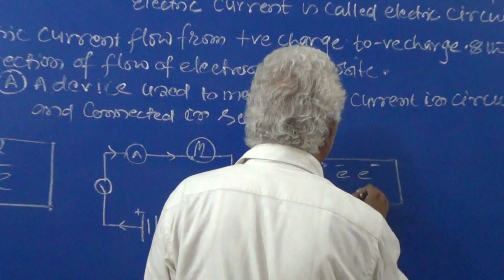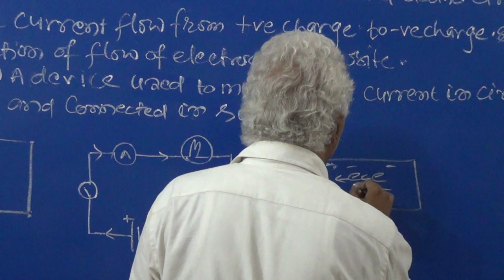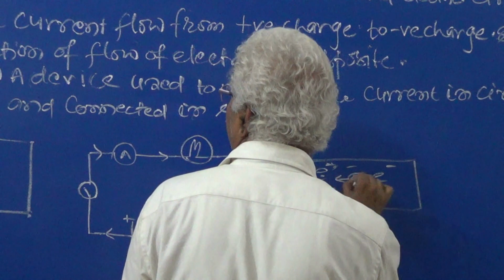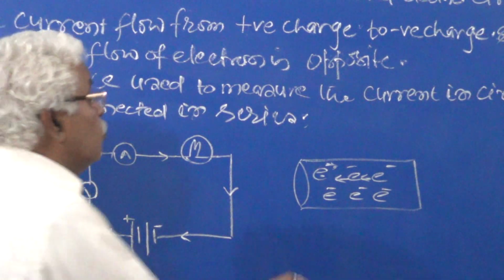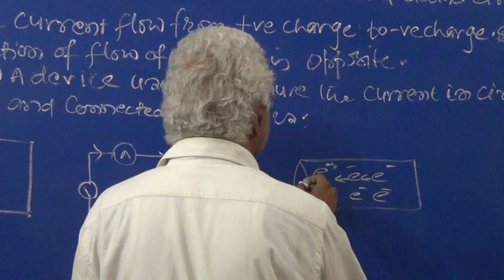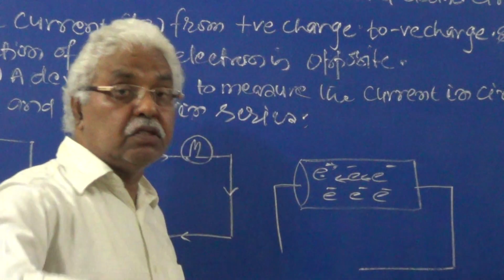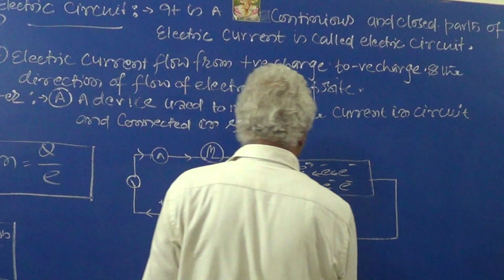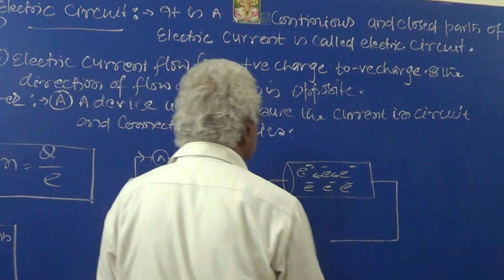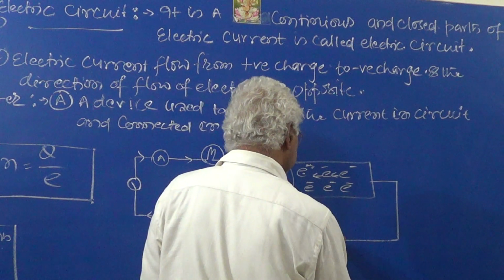These are the negative charges. Where will the electrons move? The current will not flow unless you apply the potential difference. For applying the potential difference, what do you need? You need a cell. You need a battery.